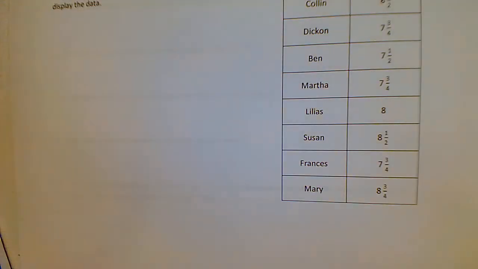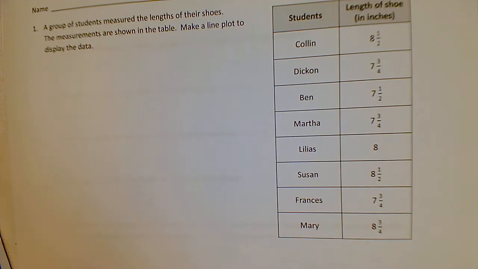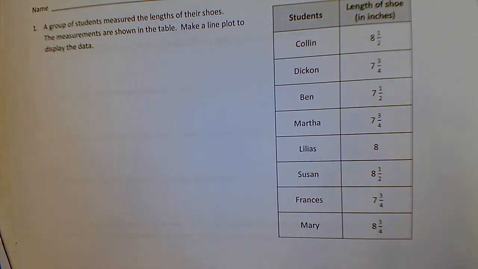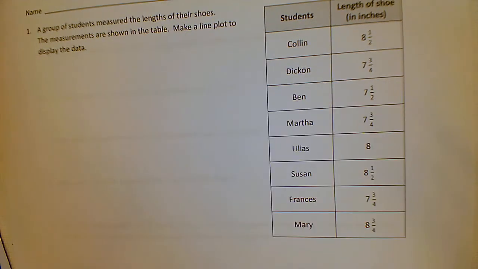That would be a waste of a lot of space, and I wouldn't be able to show everything that I needed to in detail. What I really want to do is figure out what should I make my end points. And that's going to be the first thing after you've drawn your line, is to figure out what are going to be my end points for this line plot.